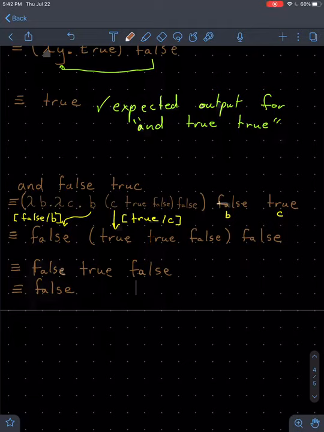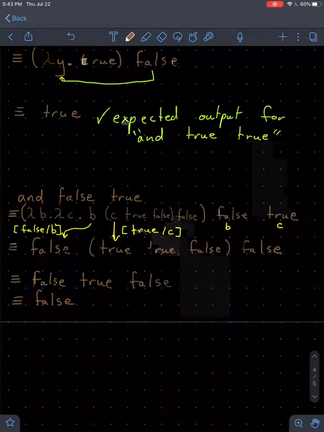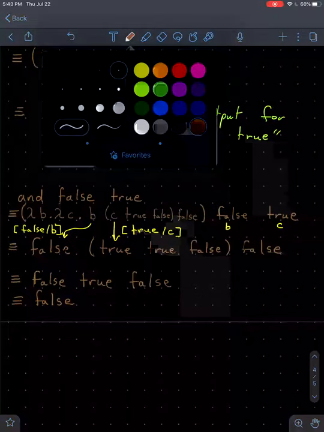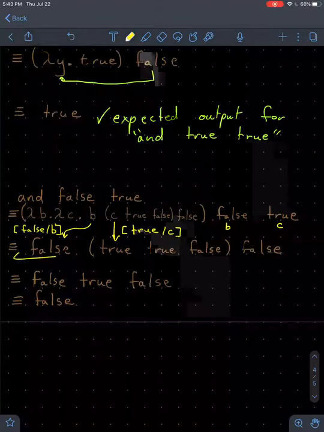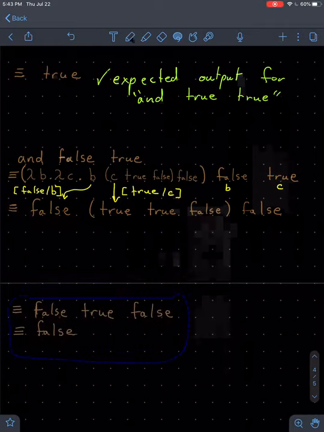Now, I'm not sure I followed that. Looking at your line where you have false, true, true, false, false. Right? This line, right? That line there, yeah. I assume you're going to unpack false as lambda x, lambda y, y. Yeah, so let's do that. If I can get a good selection here. There we go.